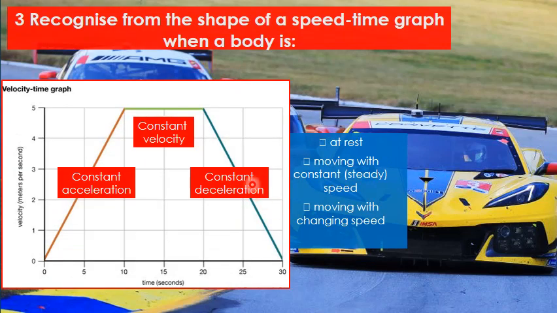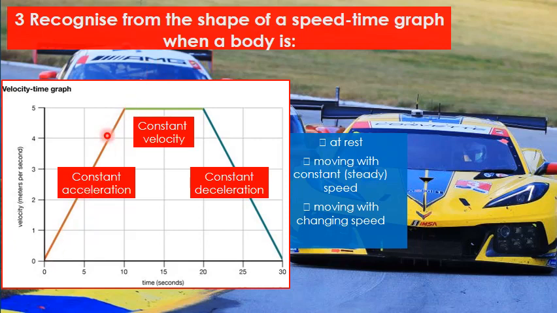The last thing we want to do is recognize from the slope of a speed-time graph when a body is in constant acceleration, constant velocity, and constant deceleration. When the graph is a straight rising line, the body is moving at constant acceleration. The one we just calculated was 0.5 meters per second squared, which means every second the velocity is increasing by the same value.